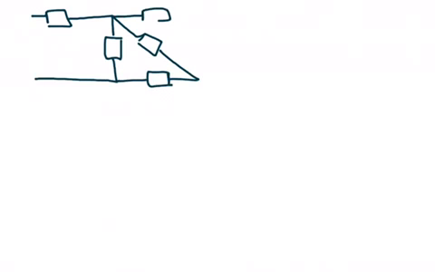Now with my equivalent impedances, I can redraw my circuit and replace the capacitors, resistors, and inductors with the equivalent impedance, which is in the frequency domain. So I'll just bring over the values from the last slide.